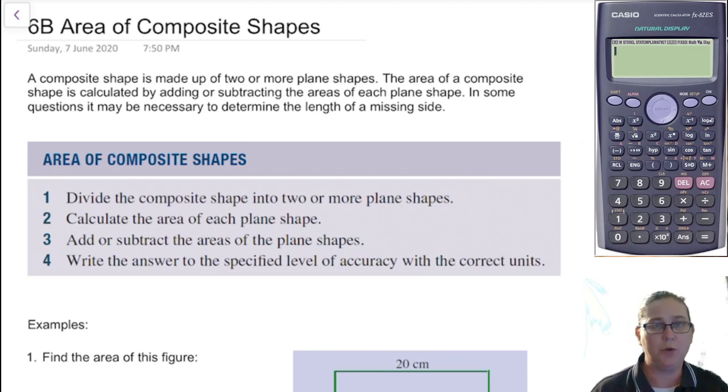So here on the screen, we can see some steps involved in finding the area of composite shapes. That includes dividing the composite shape up into its smaller plane shapes, and then you add those up together. This makes it a little bit easier because you're making it into much more manageable pieces.